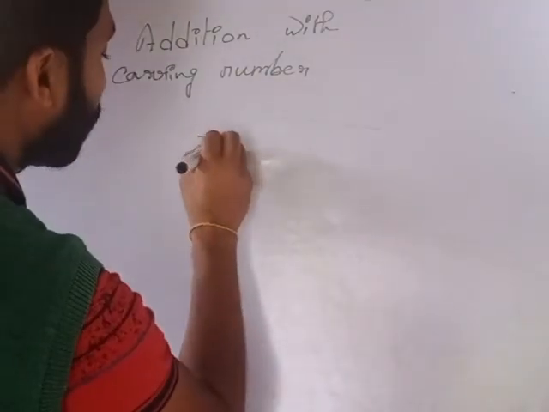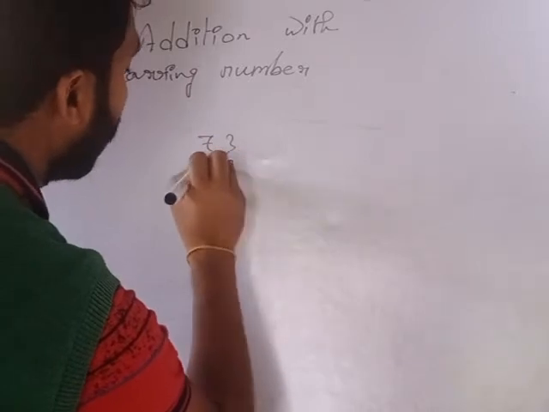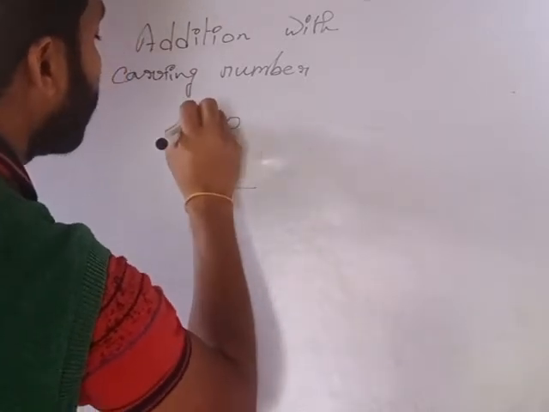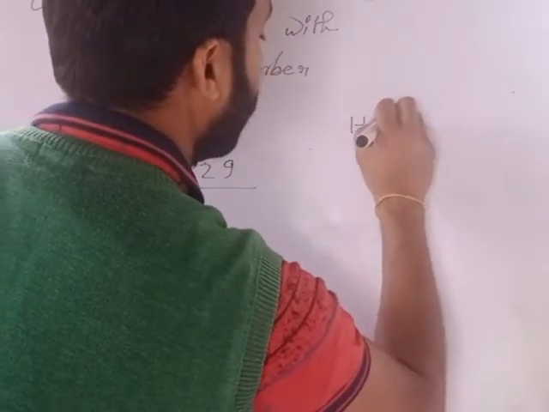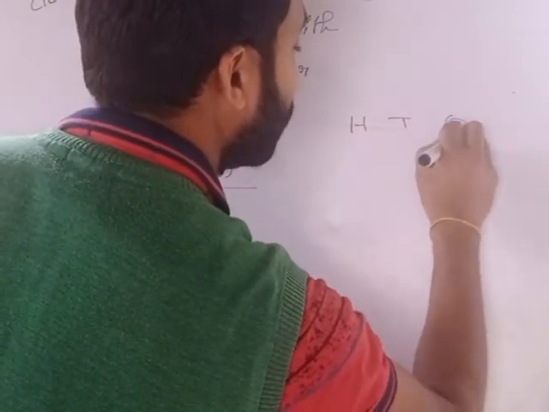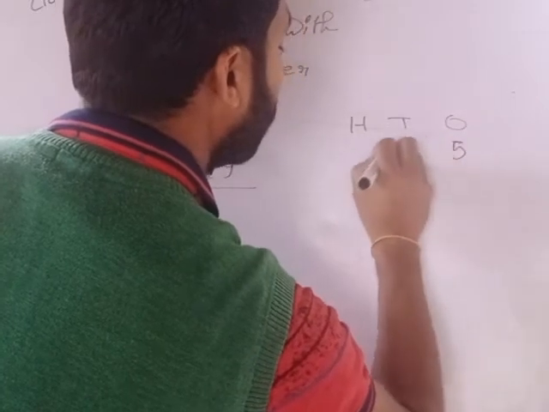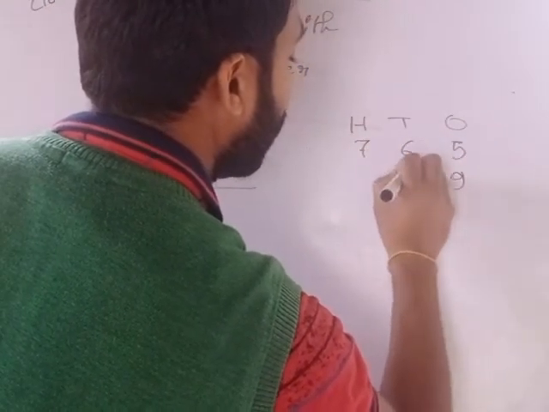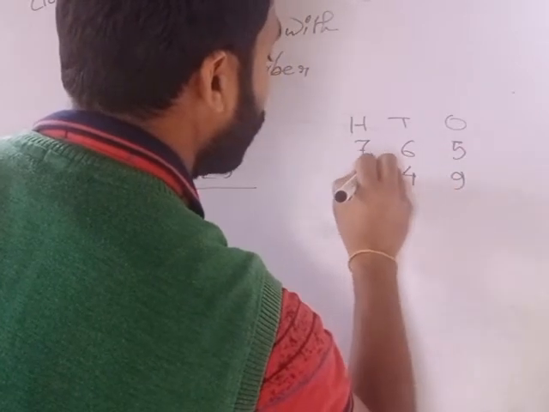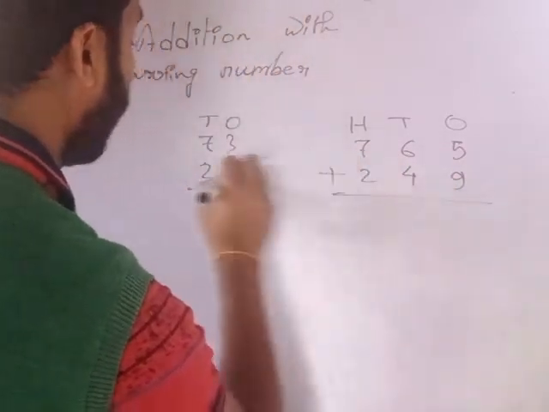Suppose it is 7392. Ones place, tens place, hundreds place. 5, 6, 7, 9, 4, 2. Right over here.